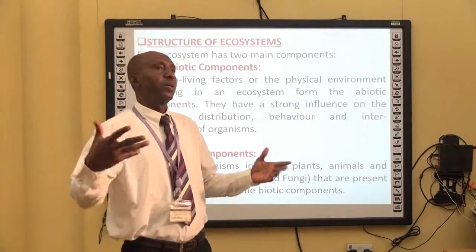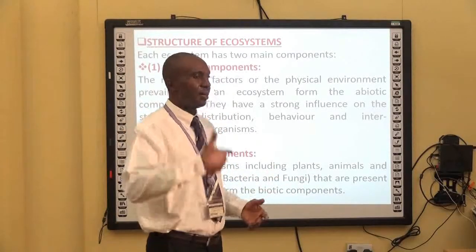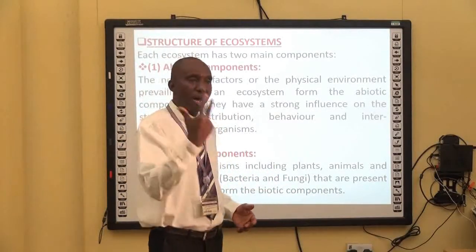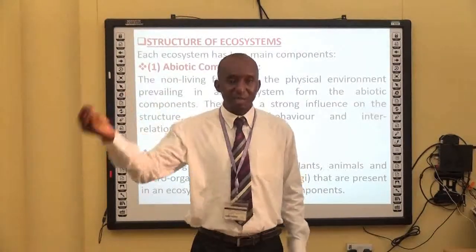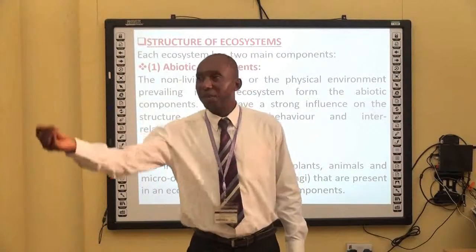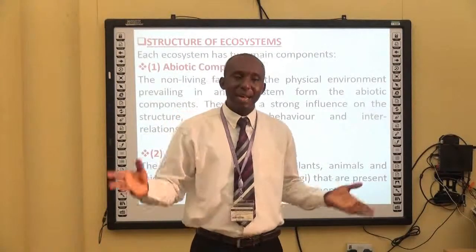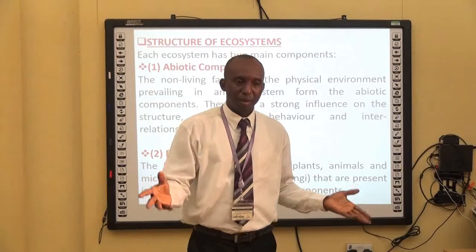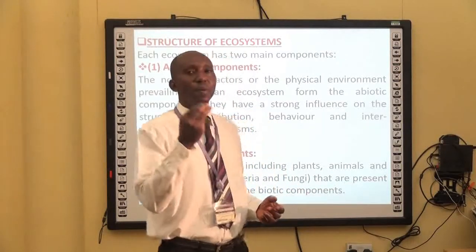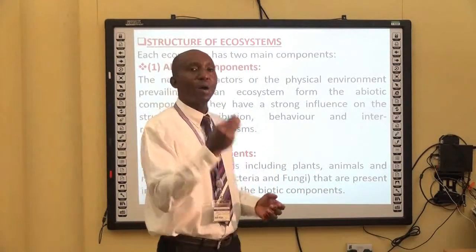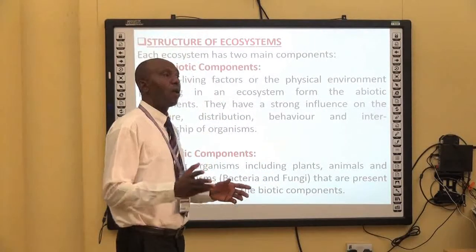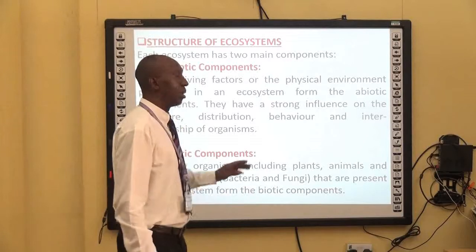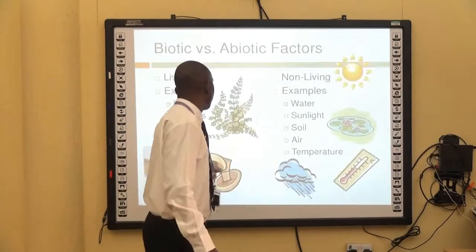You find fungi, bacteria, some of the biotic components we can see with our naked eye, like the trees, the flies, the butterfly, the larger ones. But there are some that are of micro size that we cannot see except through the microscope. But they are all still members of the biotic community or components.